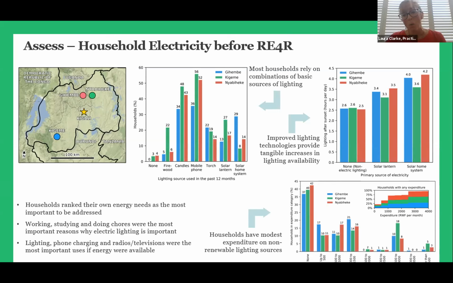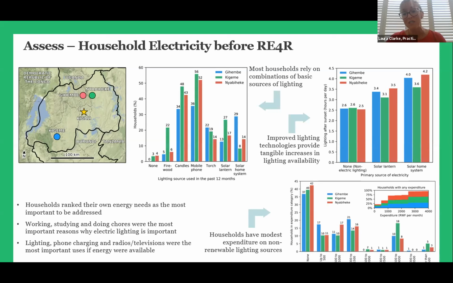And what was particularly important for our private sector engagement was looking at what kind of spending households were already seeing on a monthly basis for their own household energy use. And as you can see here, we had a split and a range of how much people were spending, particularly on candles and mobile phone charging and batteries. And this was really key for doing our private sector engagement.